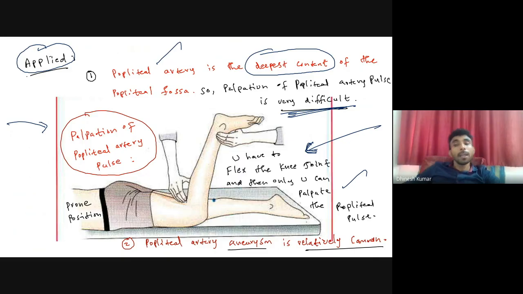Compared to other peripheral arteries, aneurysm of the popliteal artery is relatively common. So one is palpation of the popliteal artery, another is aneurysm of the popliteal artery.